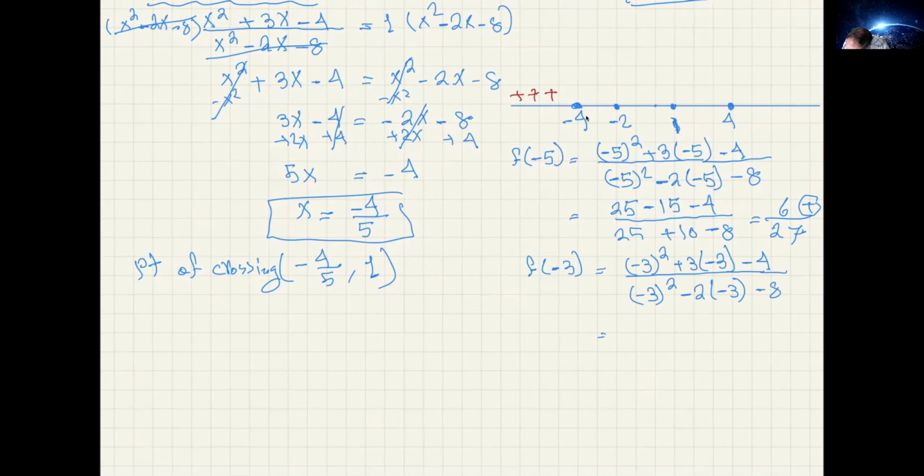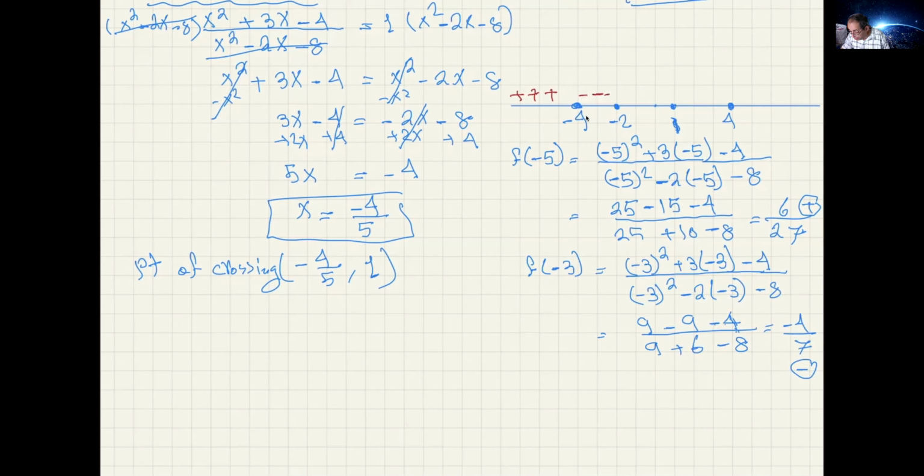So negative 3 squared is 9, minus 9 minus 4, over 9 plus 6 minus 8. So 9 minus 9 is 0, so I have negative 4 on the top. And 6 plus 9 is 15, minus 8 is 7. So negative 4 over 7 is negative. Yeah, this is correct. Here is negative.